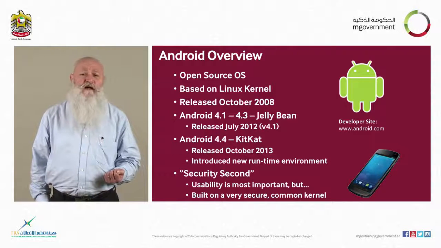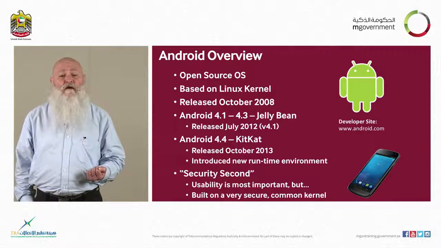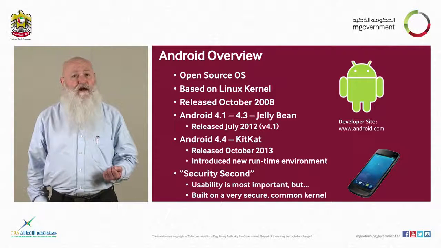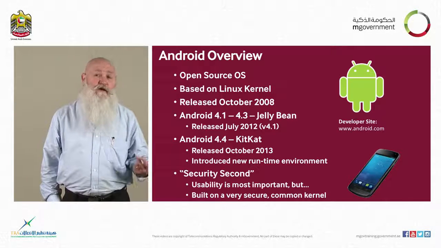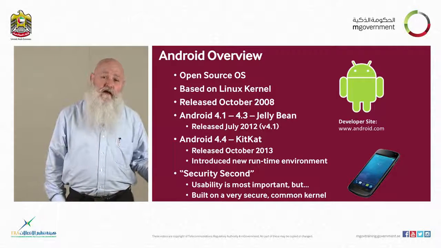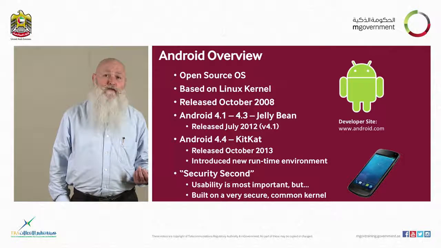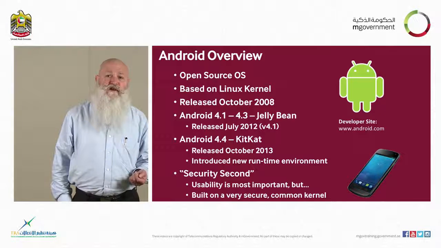It was released in October of 2008, and the current version is 4.4, codenamed KitKat. Security, again, is a secondary consideration, although with Android, iOS, and the BlackBerry, we're running on a Unix operating system, so we inherit the basic security properties of Unix, and in the case of Android, there are significant security enhancements.